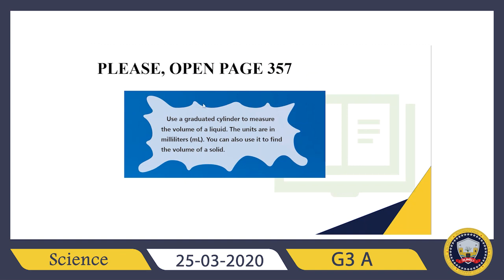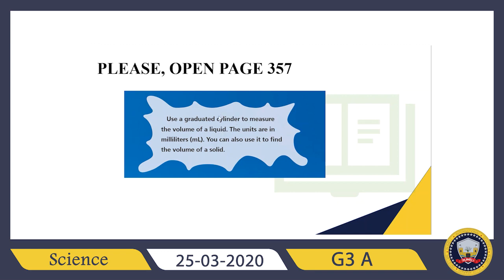Let's read it first. It says use a graduated cylinder to measure the volume of a liquid. Until now, remember, we always measured objects. They were solid. But this time, I'm measuring a liquid. How can I measure it? By using a cylinder.